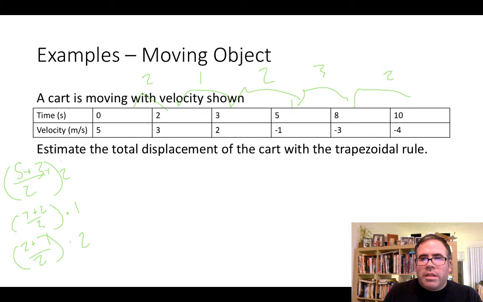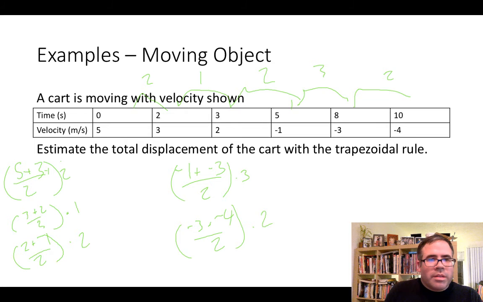Then negative 1 plus negative 3 over 2 times 3, and then negative 3 plus negative 4 over 2 times 2. Do all this and add up.